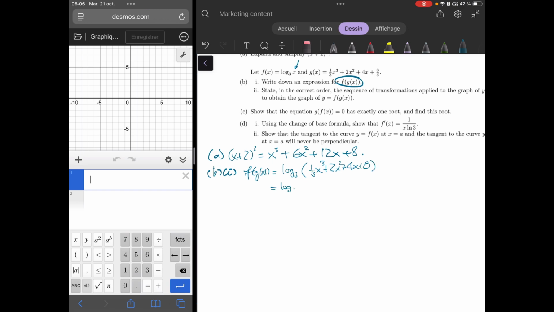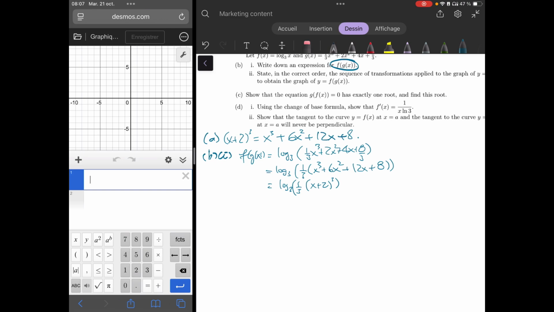If we factor out the 1/3, you will notice that you're left with the answer from part A. From here, we can use the log laws to simplify the expression. Voila.